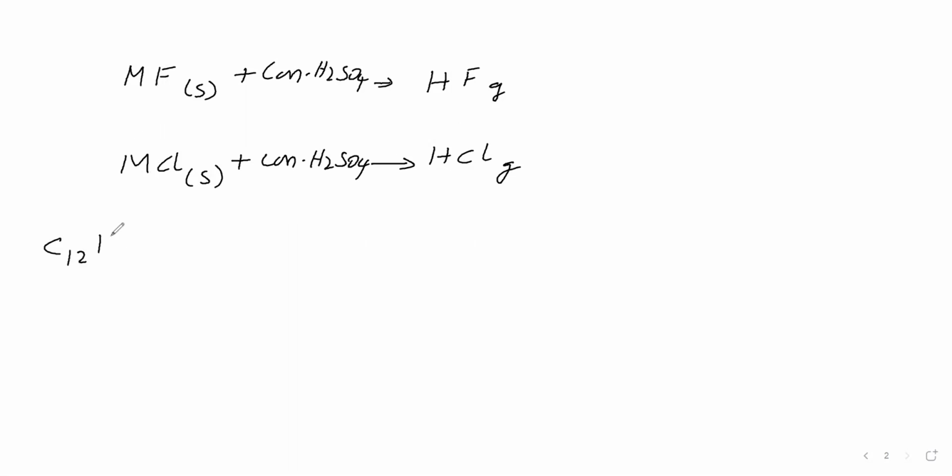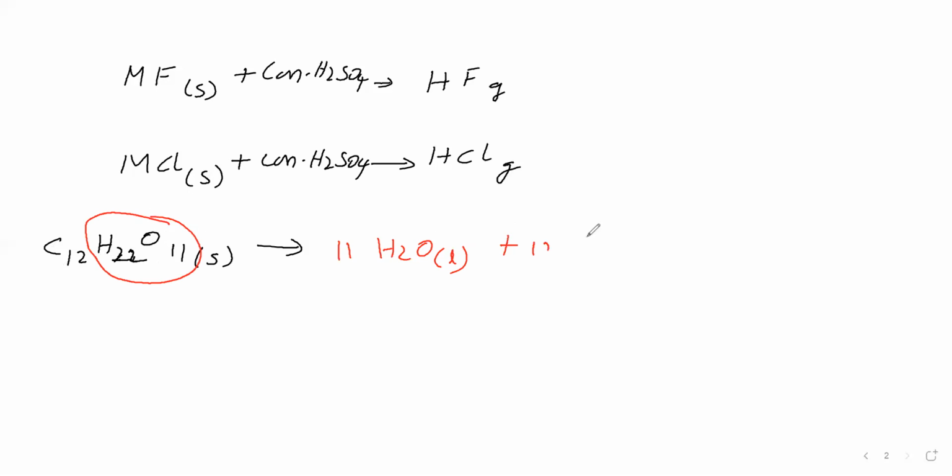We'll take sugar. To this sugar, let us add concentrated sulfuric acid. What happens is that concentrated sulfuric acid takes away all the hydrogen atoms and oxygen atoms in the form of water molecules. What is the rest?